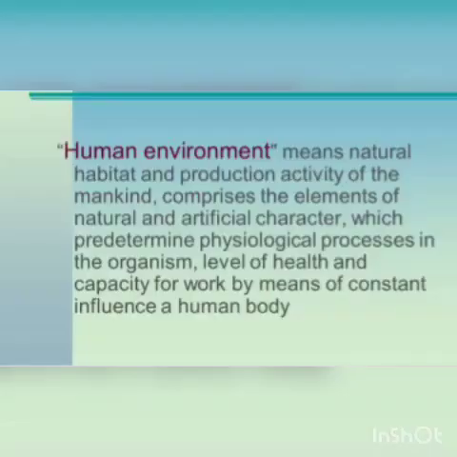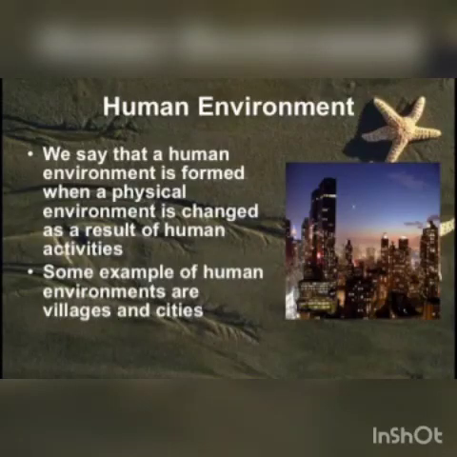The human environment refers to all the human beings, their traditions and their activities, such as construction of buildings and their customs and traditions. This all comes under the human environment.